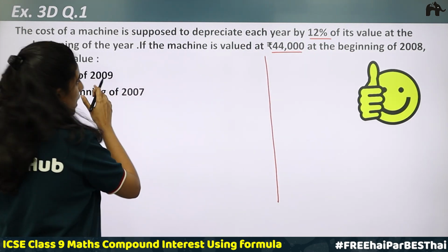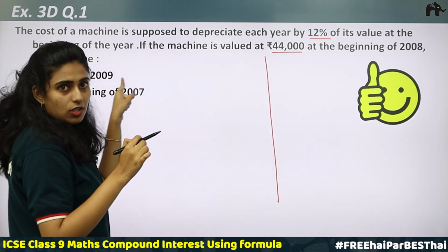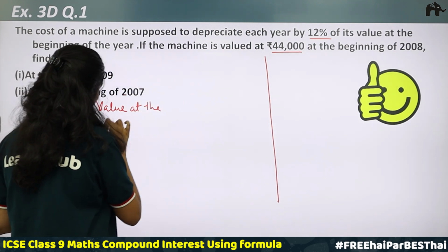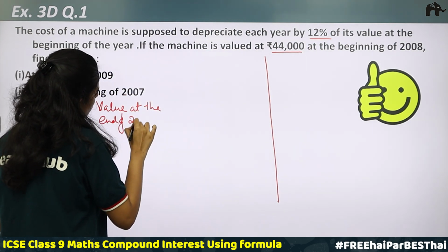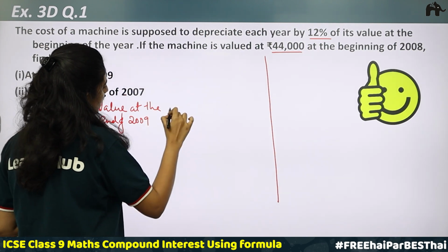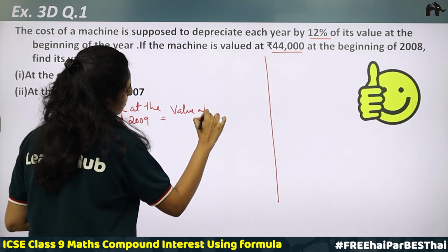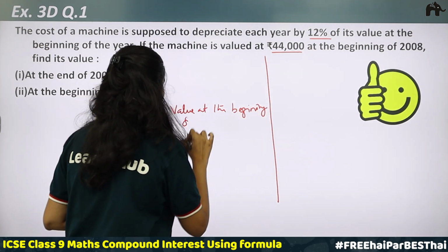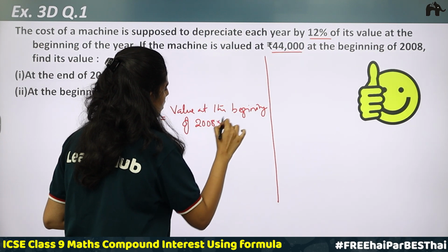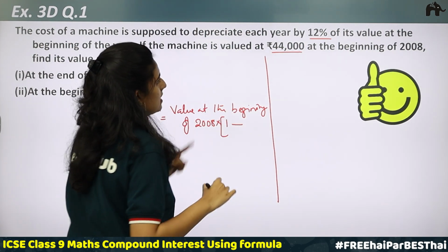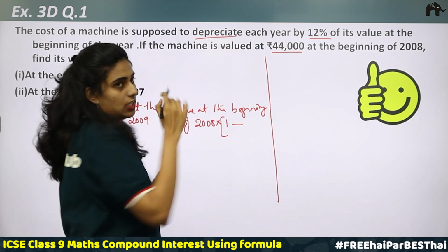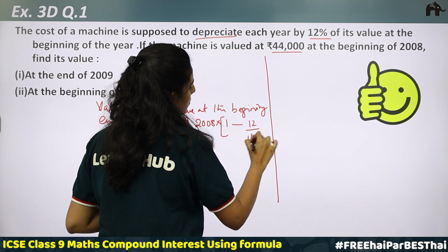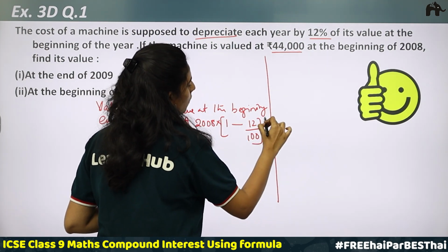So here we have to find the value at the end of 2009. Value at the end of 2009 will be equal to value at the beginning of 2008 into 1 minus, here it is given depreciate, that is decrease, 1 minus R, value is 12 divided by 100, whole raised to n.